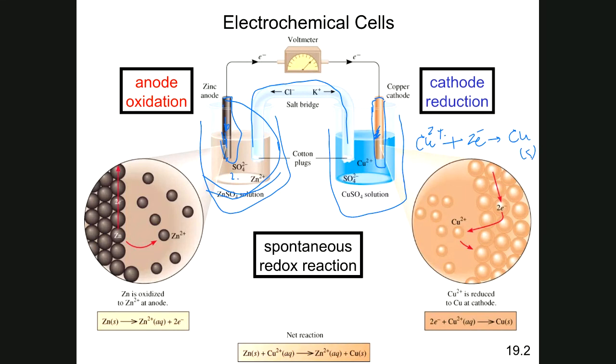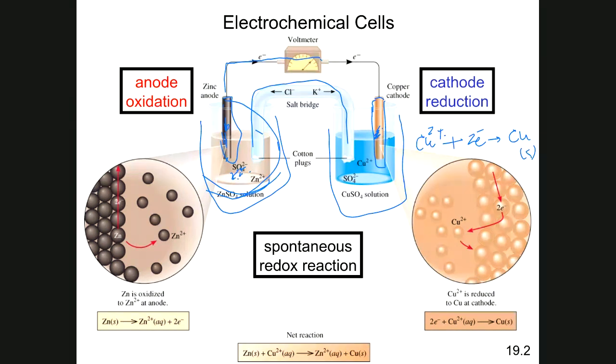So the positive charge is going to go up in the solution because electrons are going to move up through the wire to the cathode, because they are needed there for the reduction. So the electron is moving up, but the zinc 2+ is going into the solution. So the concentration of plus charge is going to increase in the solution.